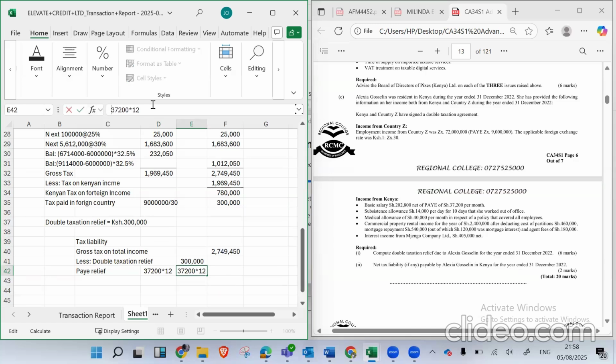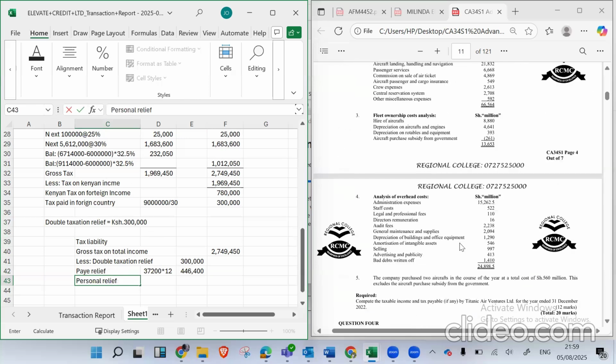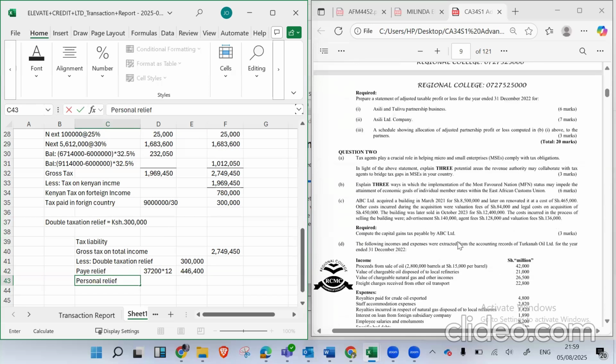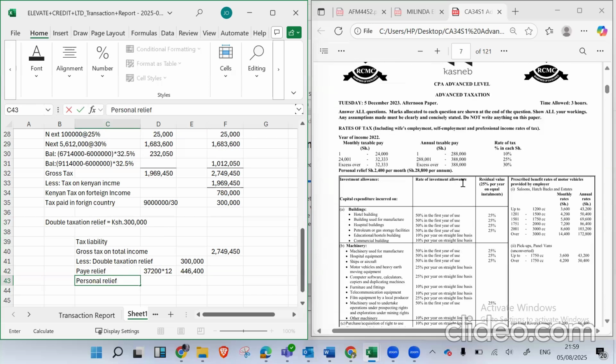So 37,200 by 12 shall give ourselves that relief. He's a Kenyan resident, so he qualifies for personal relief. Personal relief, you don't have to cram it in kwa leakage. Kwa leakage 28,800 if I'm not wrong. So inakwanga hapa tu juu yake 28,800.